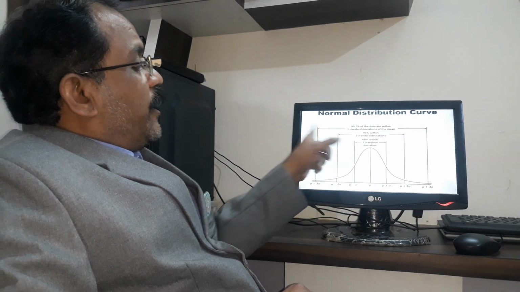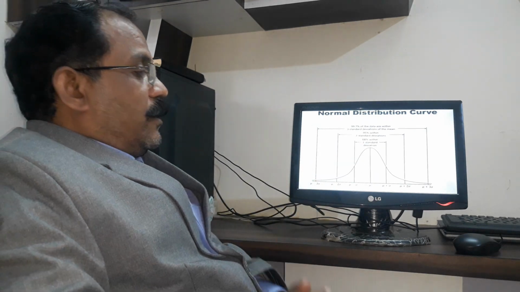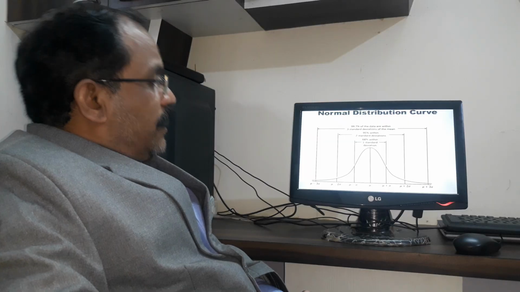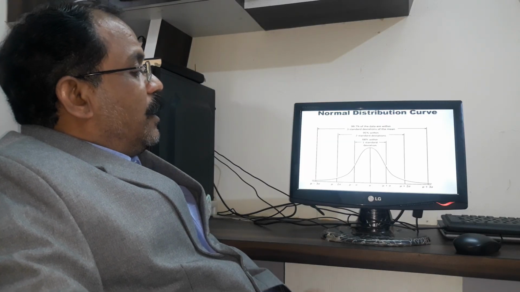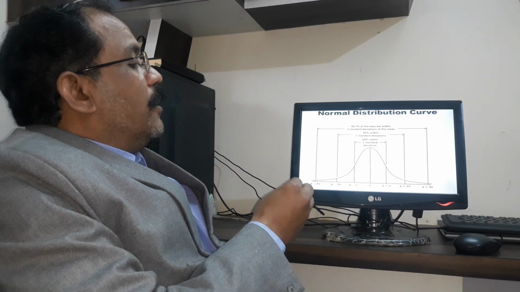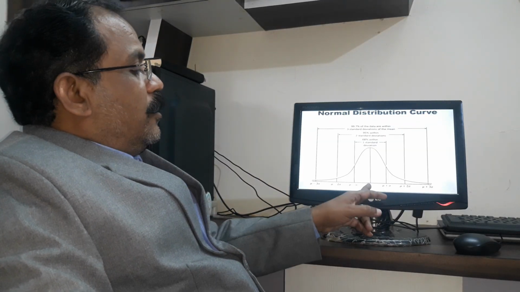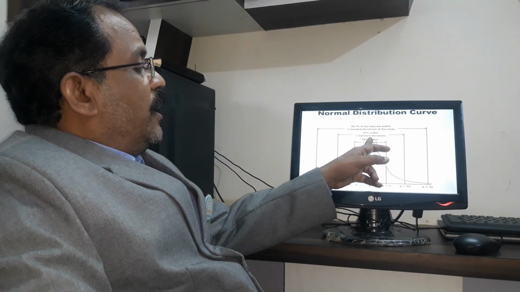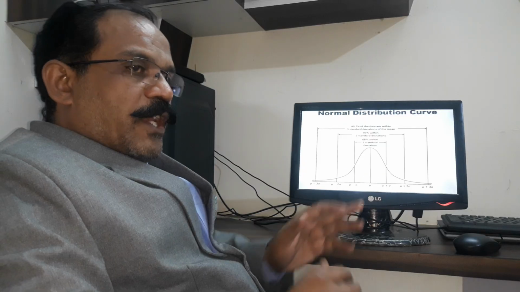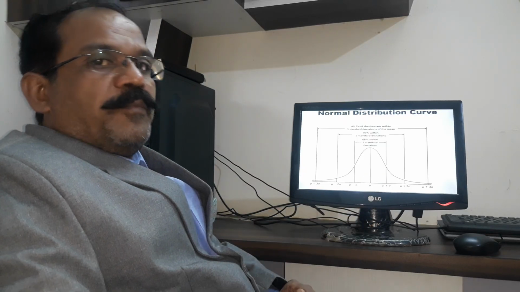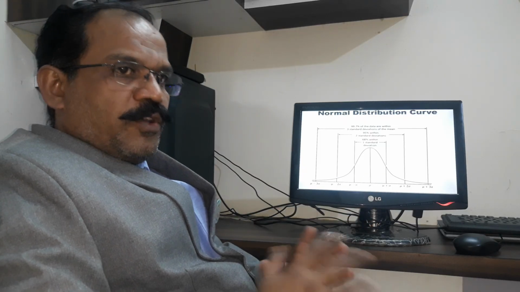So this 0.3% will be the rejection. So this is the normal distribution curve. It is always bell shaped because the product will always follow the center line. You can plot this graph with the help of a histogram also.